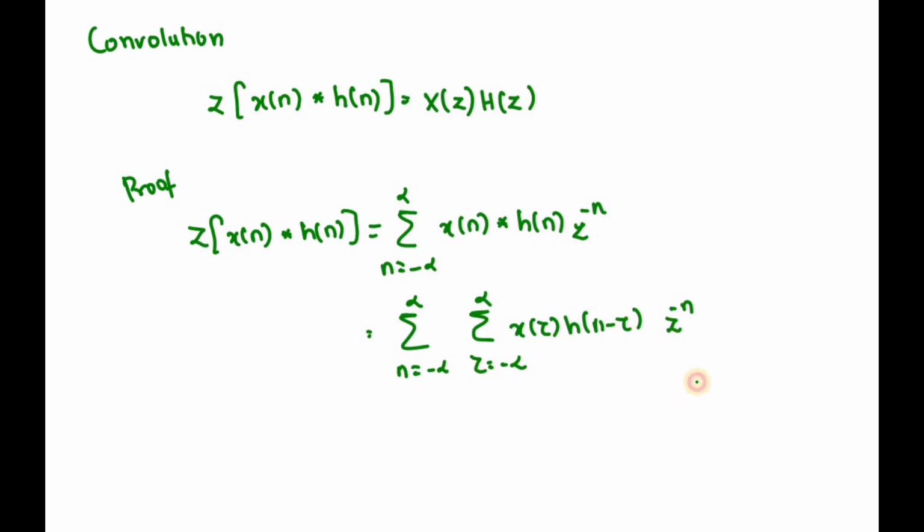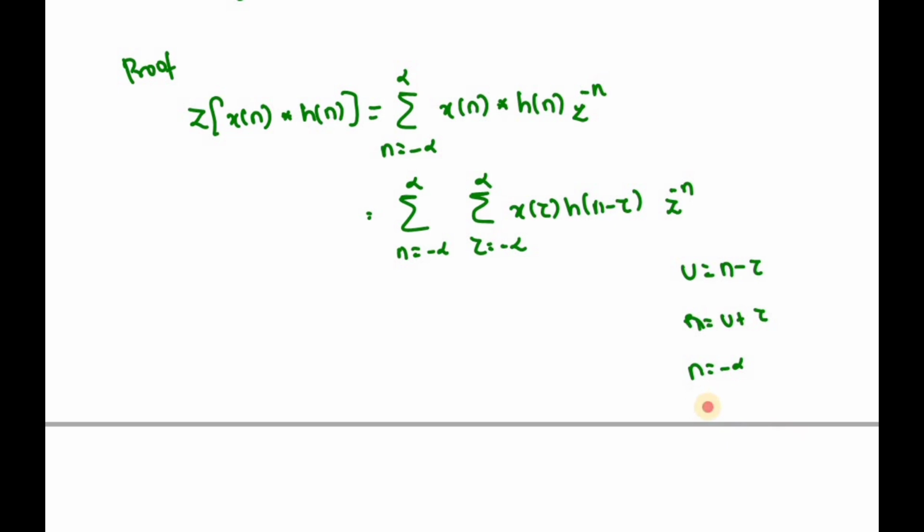So if I substitute u is equal to n minus tau, okay, so I get n is equal to u plus tau. Now if I substitute n is equal to minus infinity, so what happened to my u? u is equal to minus infinity. And if n is equal to infinity, u is also equal to infinity.